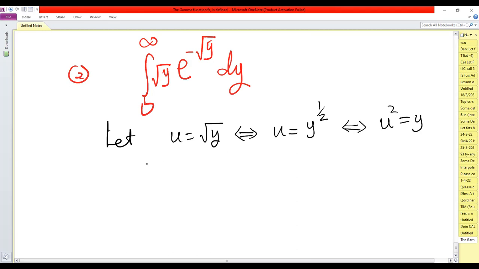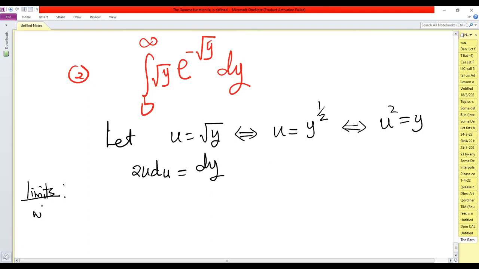Now, dy equals 2u du. I'm now differentiating both sides of this, so that gives me dy. And now for the limits, we must always test before we proceed to transform the integral into a new variable.